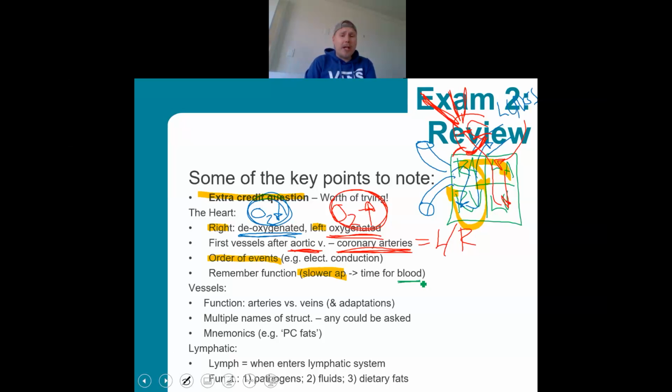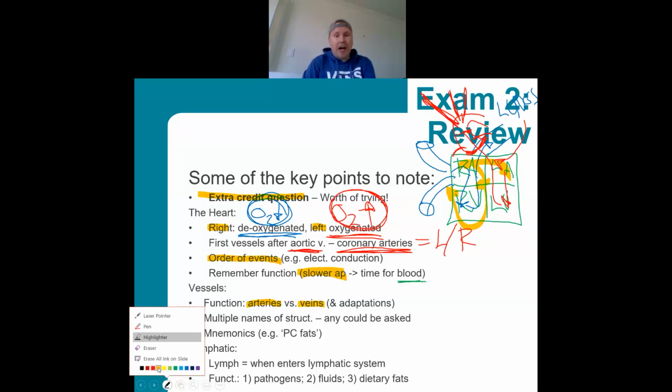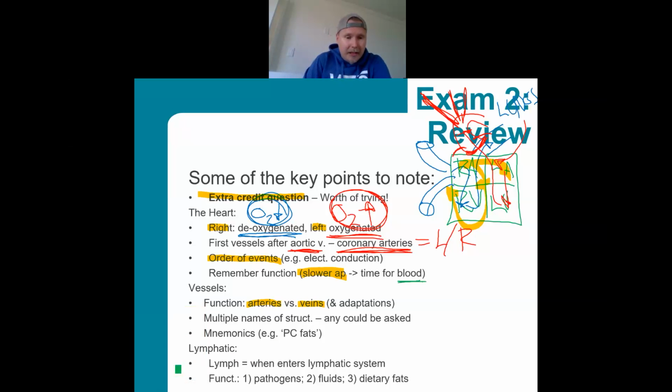In terms of the questions that I had about the different blood vessels, I want to make sure that we remember the differences between arteries and veins, and what their functions are. You remember that arteries were directly from the heart, so they were coming away from the heart. So here's our heart.